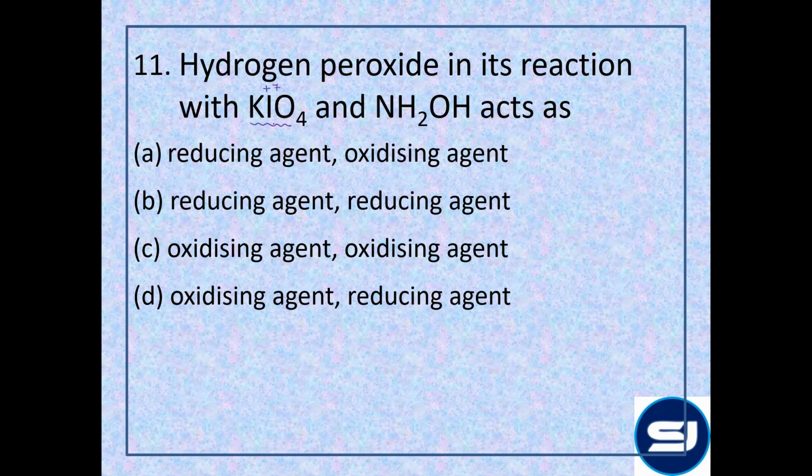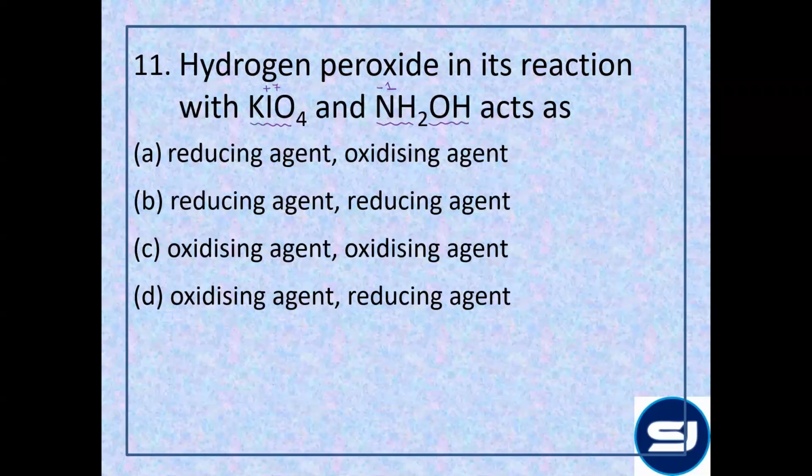अगर ये रिडक्शन अंडरगो करेगा तो पेरोक्साइड इन दैट केस विल एक्ट एज अ reducing agent. Similarly in NH2OH नाइट्रोजन का ऑक्सीडेशन स्टेट is -1 and here peroxide will oxidize this. तो जब ये ऑक्सीडाइज करेगा तो peroxide will act as oxidizing agent.